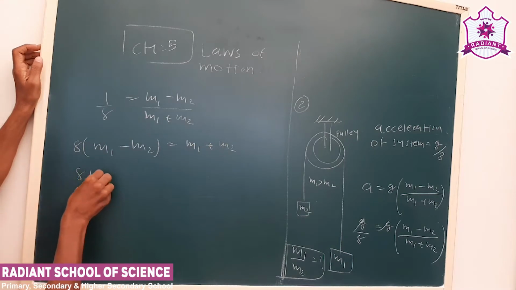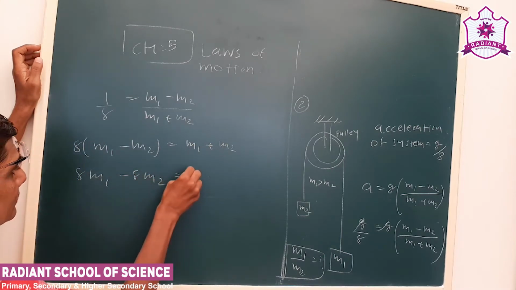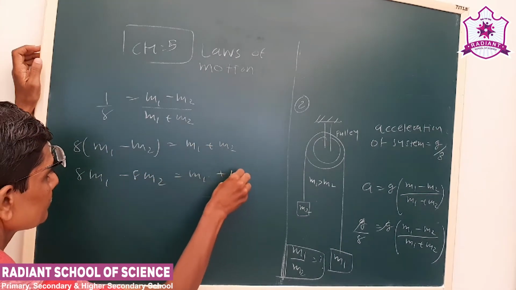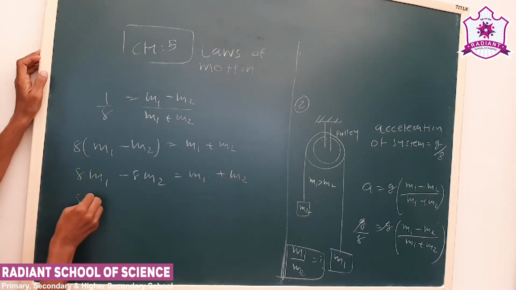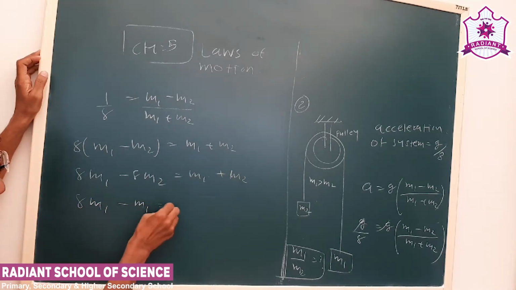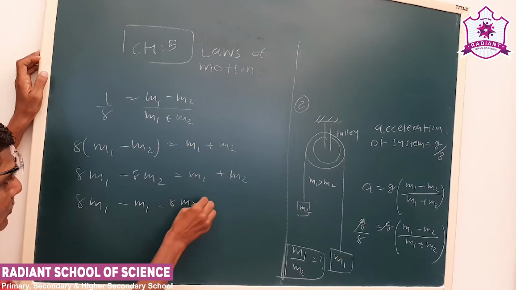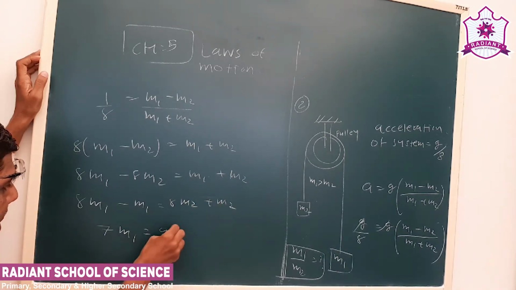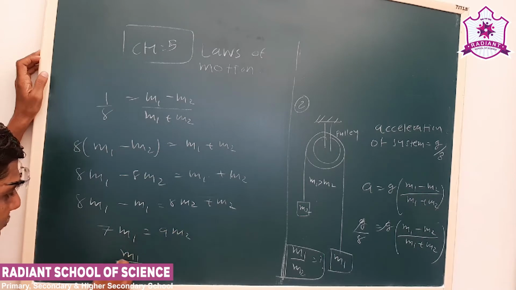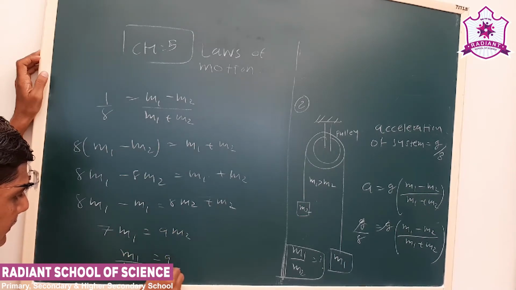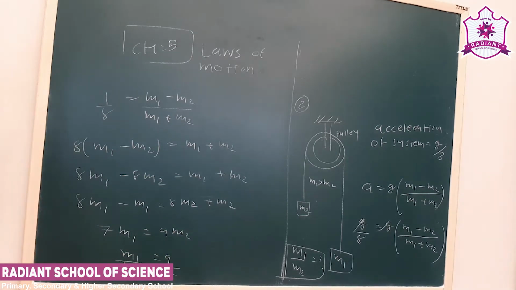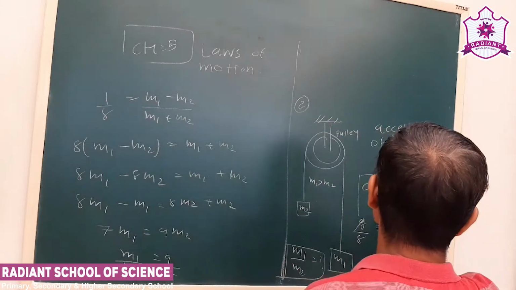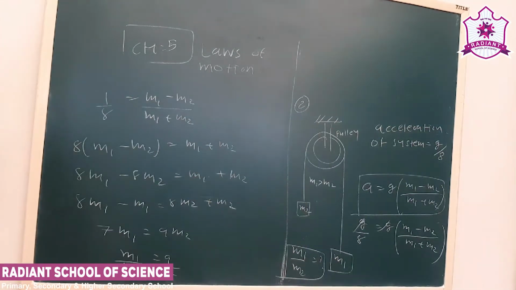So we get 8m1 minus 8m2 equals m1 plus m2. Simplifying, 8m1 minus m1 is 7m1, and 8m2 plus m2 is 9m2, so m1 upon m2 is 9 by 7. This equation is important, so we have to remember it well so that we can solve the MCQ.